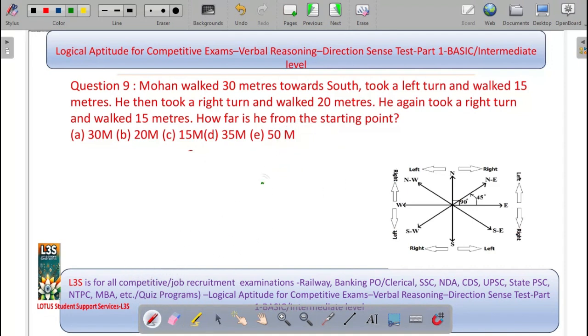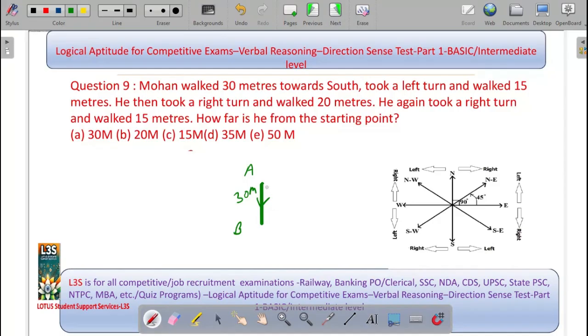Say from here, this is 30 meters. A, B, towards south. This is towards south.